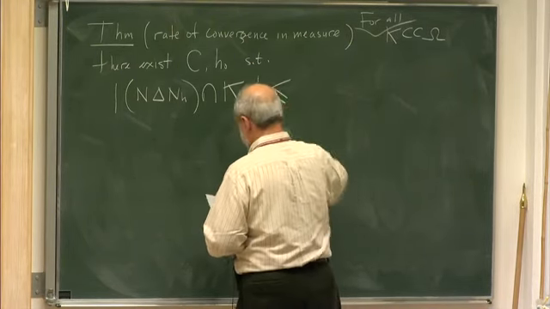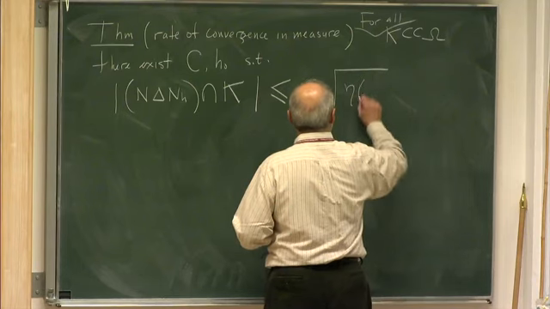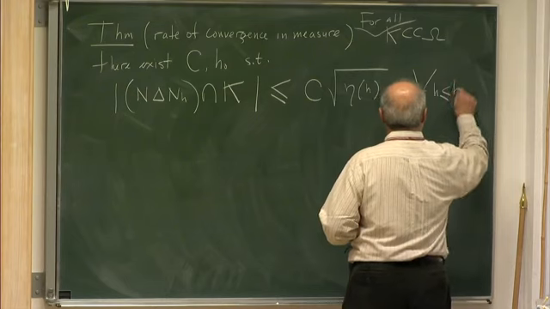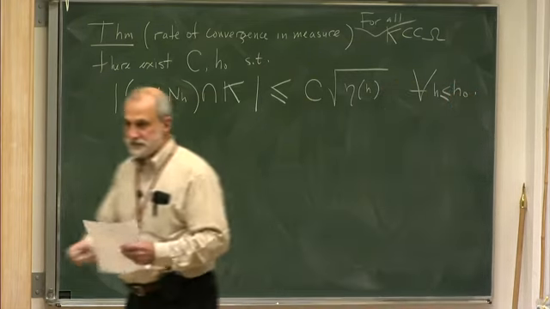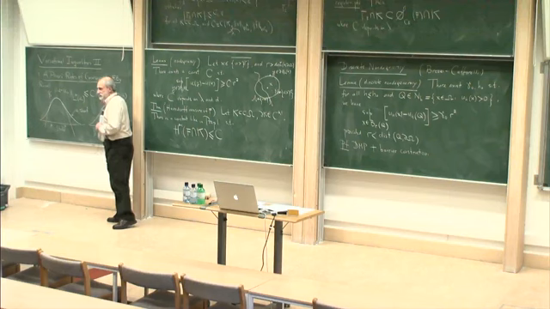This is bounded in measure by C times the square root of eta, provided that h is not too big. Remember, eta is the rate of convergence for the solutions, for the functions.